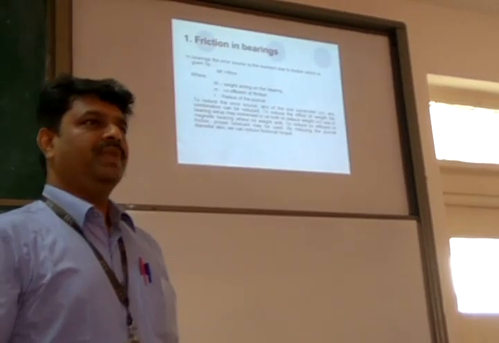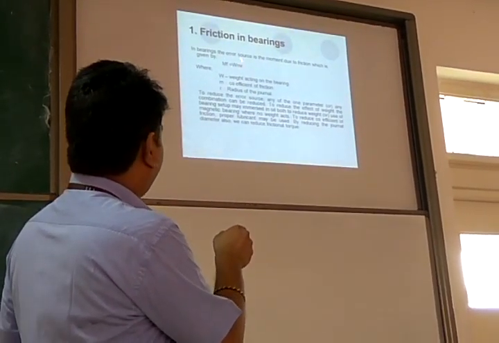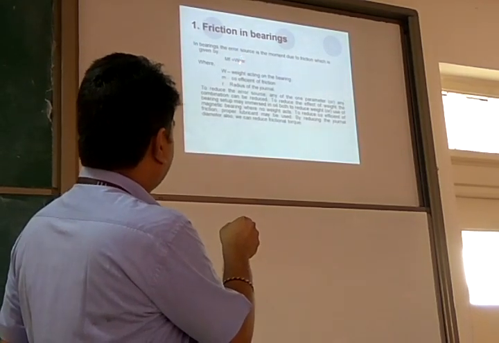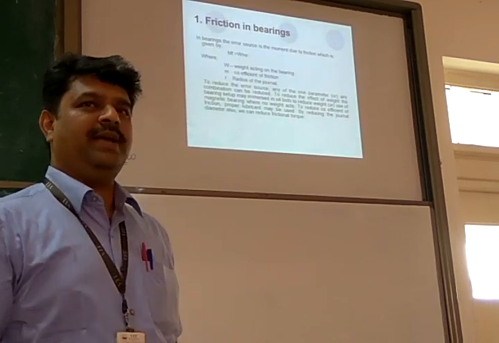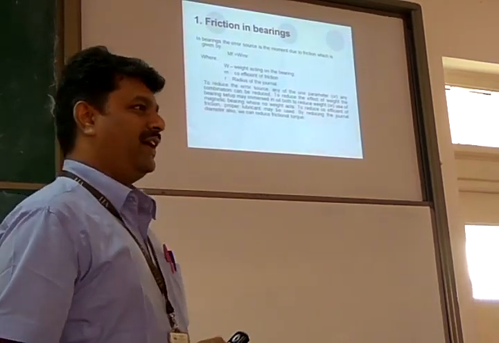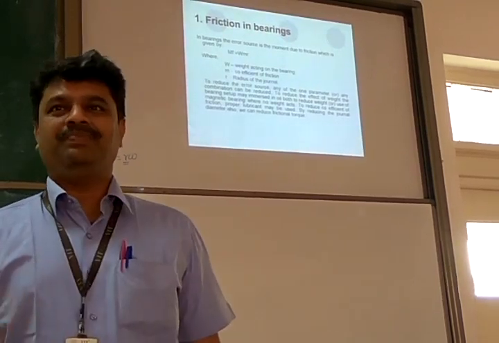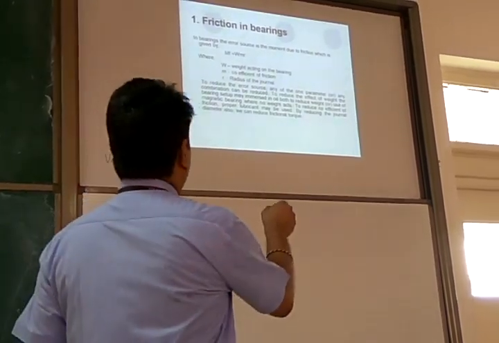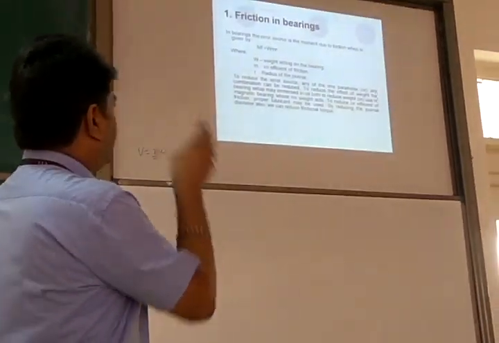the bearings? The frictional bearing moment is given by the weight times the friction coefficient times r. It's actually mu. I put m because while typing, due to lack of time, I just typed m. The correct formula is mu, and r is the radius of the journal bearing.